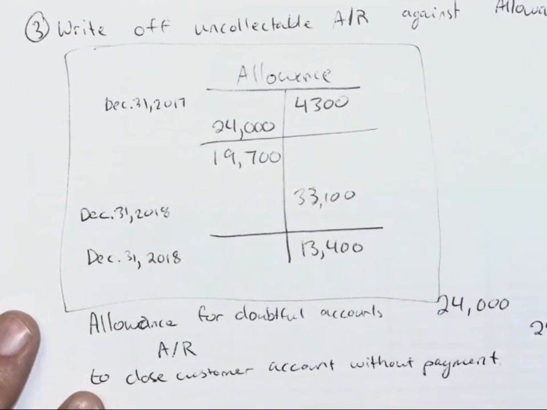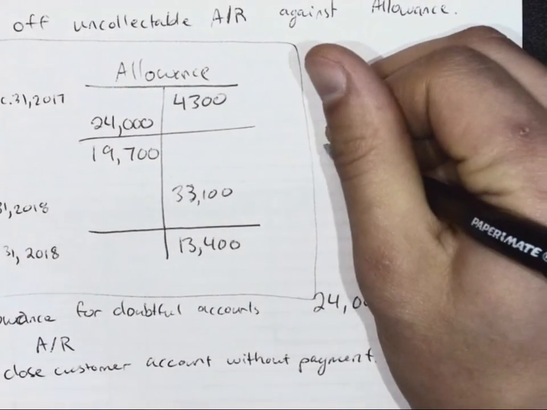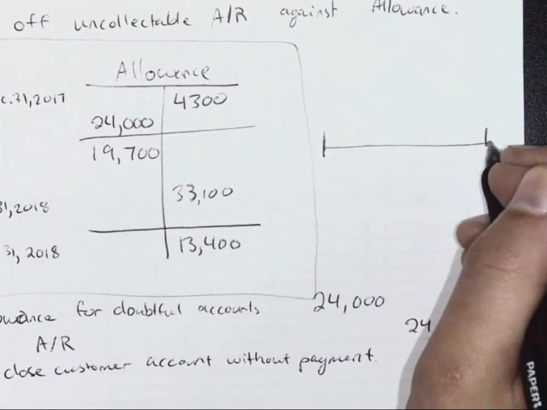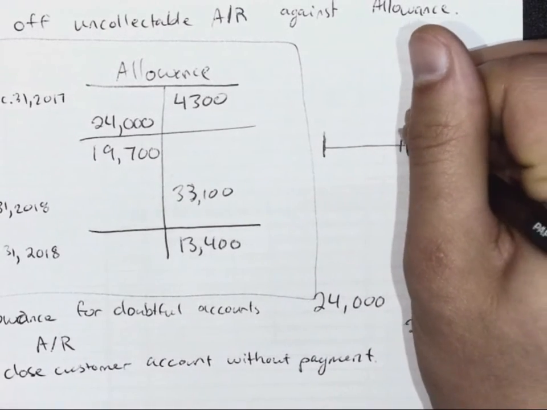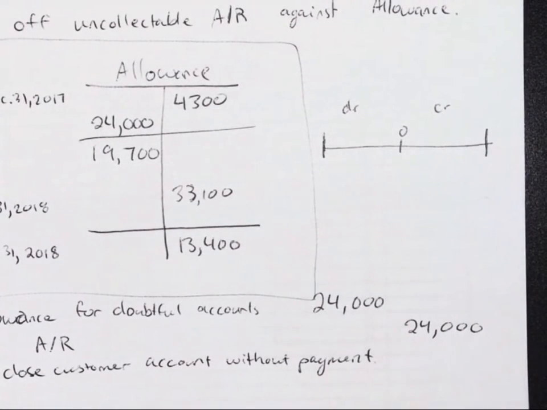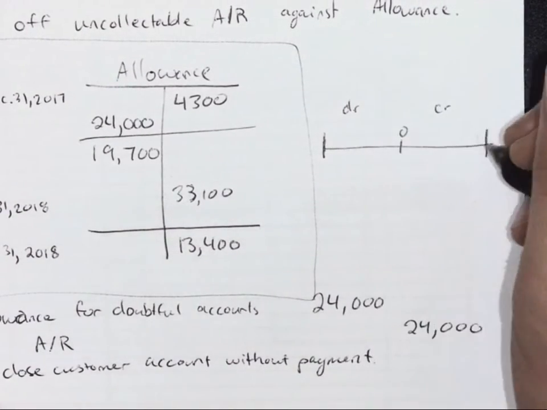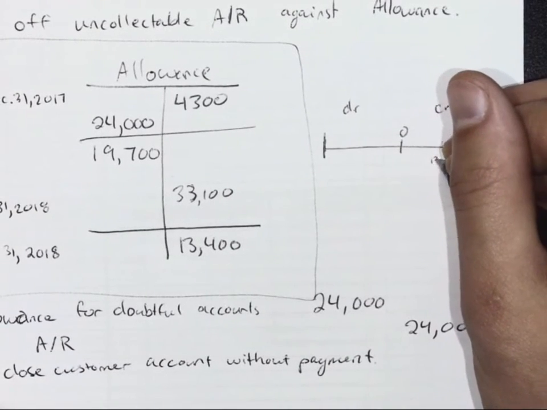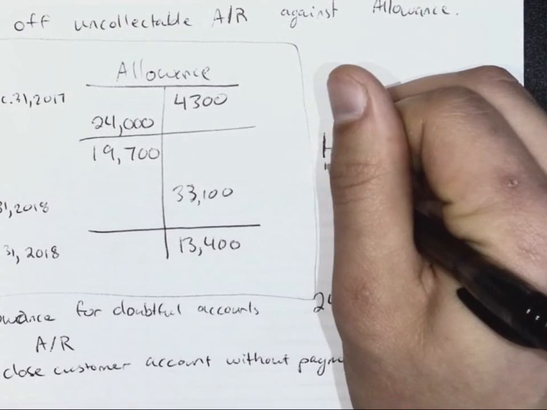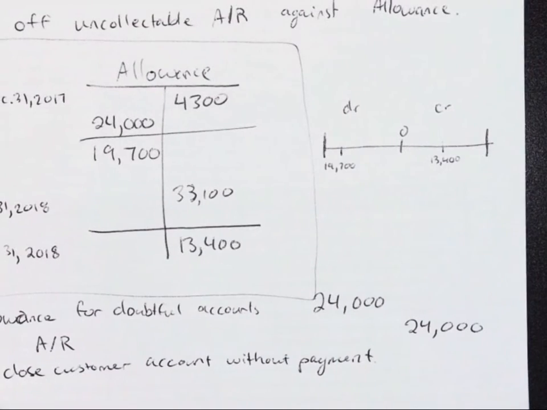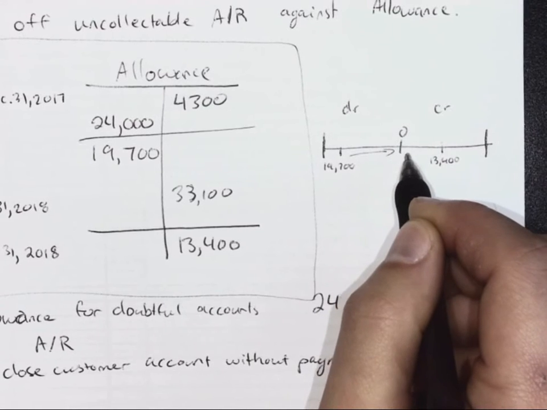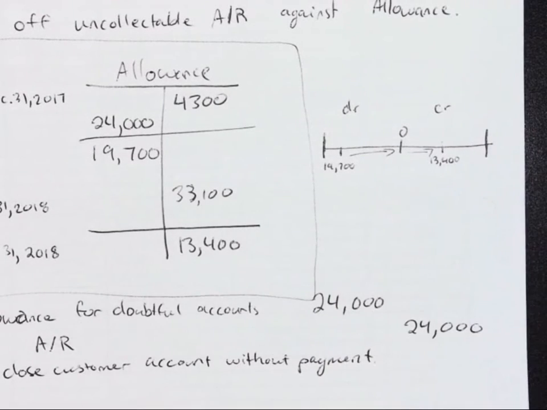So we would credit 33,100. Just a reminder, when we think about debits and credits, sometimes to visualize it, if we need to get to a 13,400 credit balance, and we're over here at a 19,700 debit balance, we need to credit the 19,700 to get to zero, and then 13,400 to get to that balance.